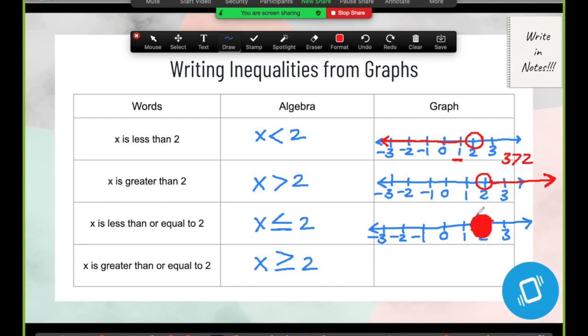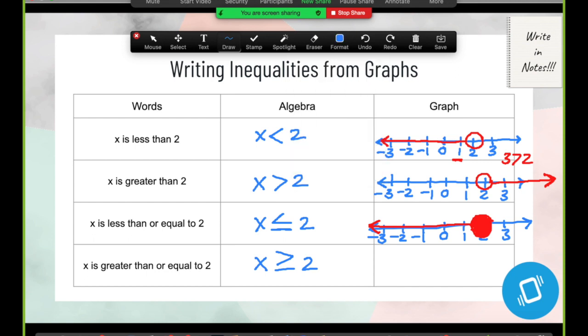And the reason why is because now it could be 2. So we have to make sure that we include it into our set. And it's less than or equal to 2. So that means that we have to point it in a direction where all the numbers are less than 2.